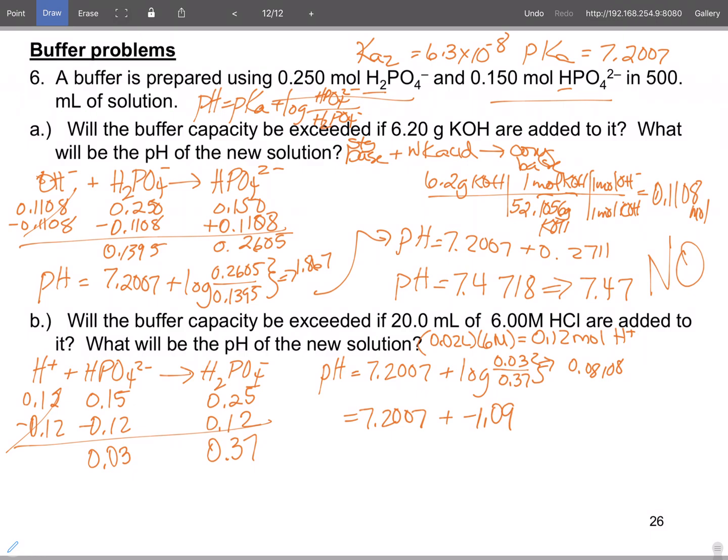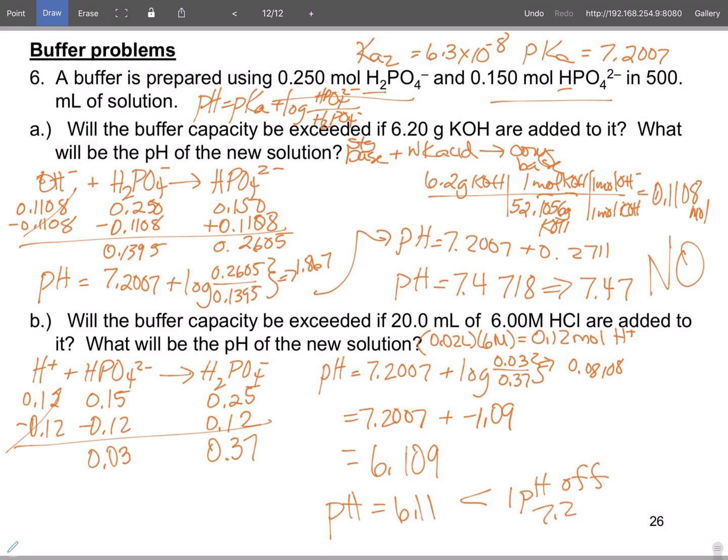Now at this point, I absolutely know because I'm going to be beyond 1 pH unit. So it's 6.109. So the pH is 6.11, which is more than 1 pH unit off 7.2.